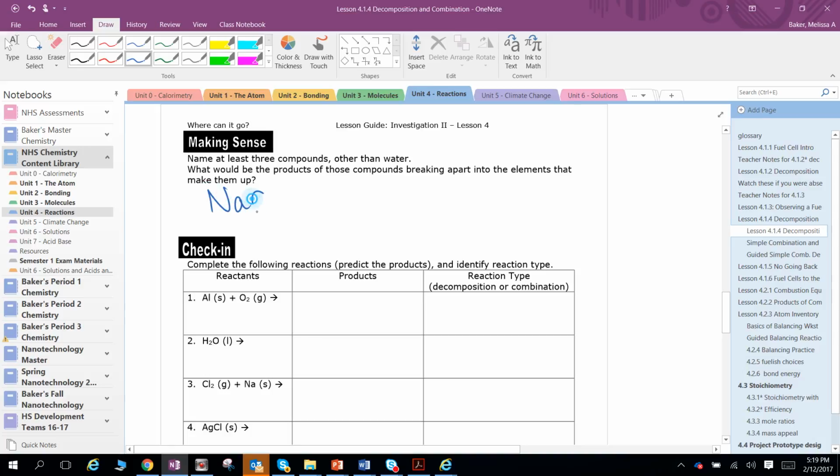So something that may come to your mind would be NaCl. And if that breaks up, it would form Na and Cl2. Again, because that's one of the elements that's in the Hofbrinkel. So that would be a compound that could break apart. You might say CO2 breaking up into carbon and oxygen.